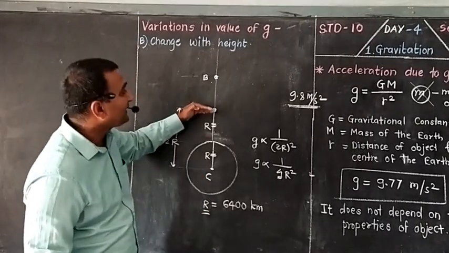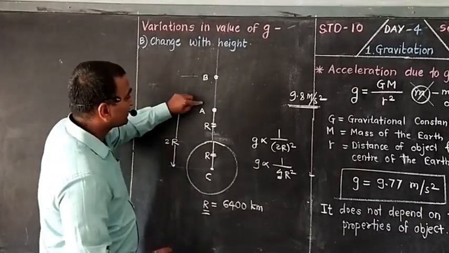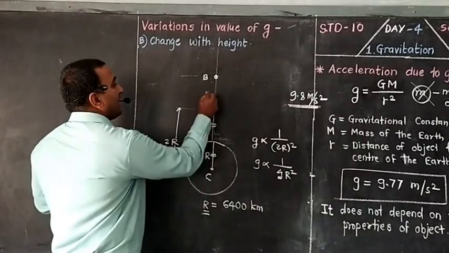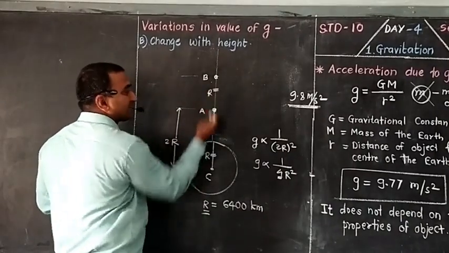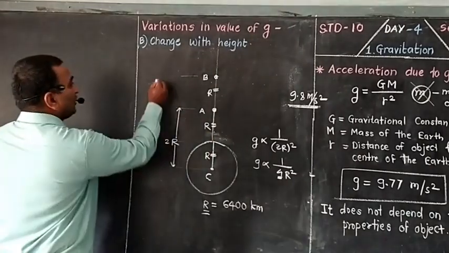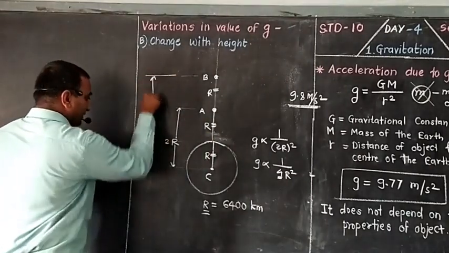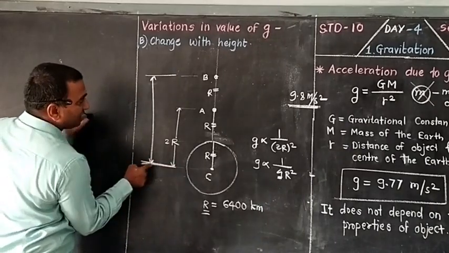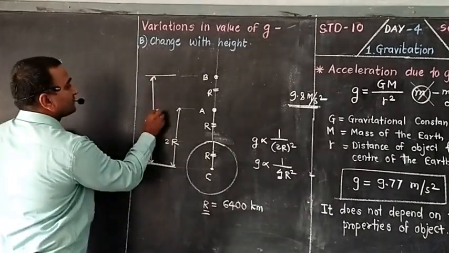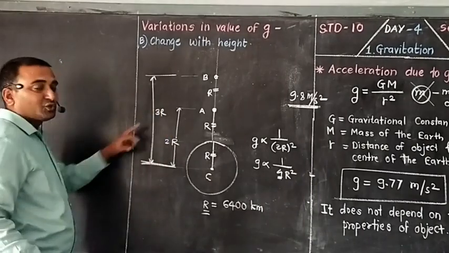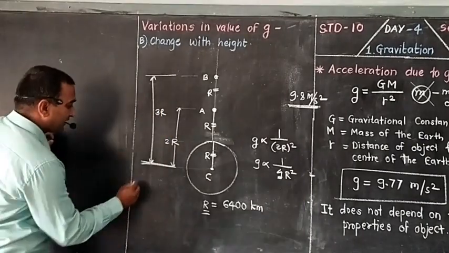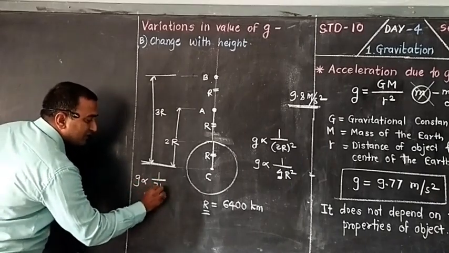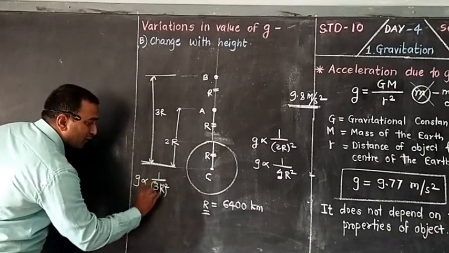Now consider increasing the distance again. Now you have taken that object from point A to point B by again a distance r, the same distance we have taken. So totally the distance between the center of Earth and this point B is now 3r. As the distance is 3r, g is proportional to 1 upon 3r whole square.